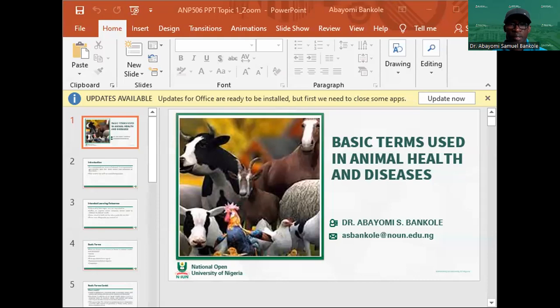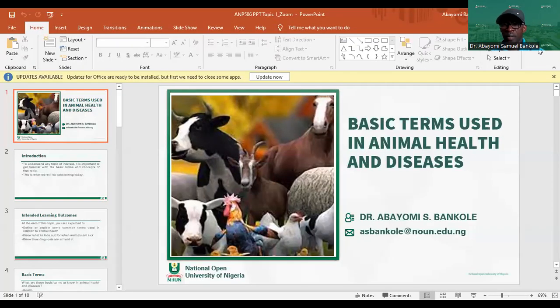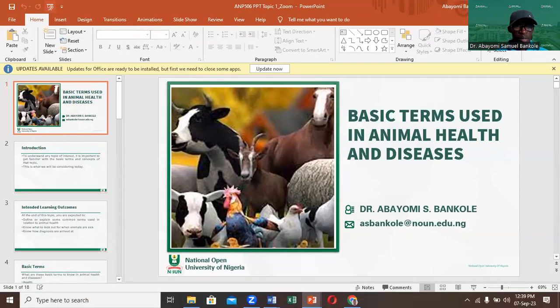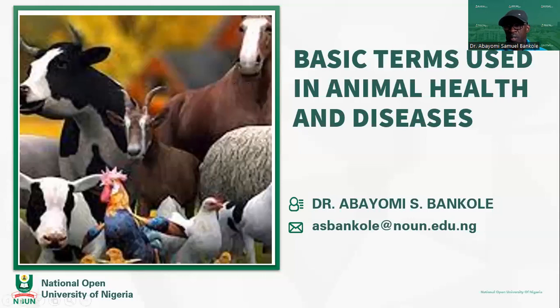Okay. Yes, I think it is on now. Yes, all right. So you can see right there what we have before us. Let me make sure this thing is starting. It's enlarged. Very good. I think you can see my screen better now.